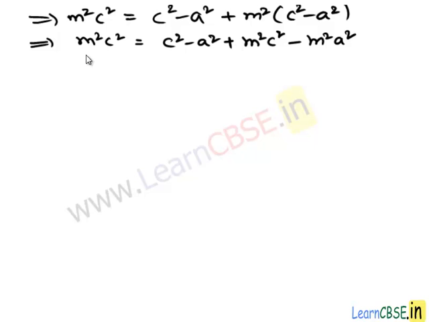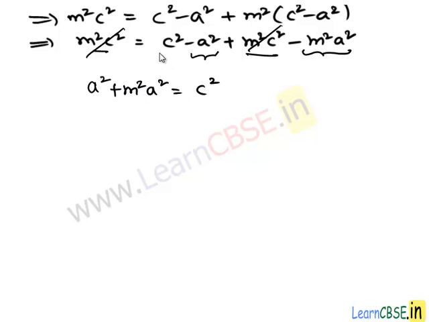On the left-hand side and right-hand side, we have m²c², so both get cancelled, and here we have negative terms, that is −a² and −m²a². So we transpose to the left-hand side. We have the sum of a² and m²a², which is equal to c². So rearranging we get c² = a² + m²a².